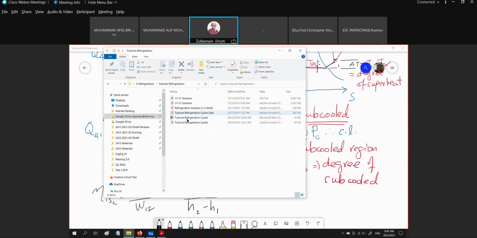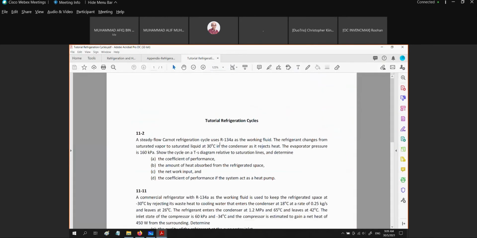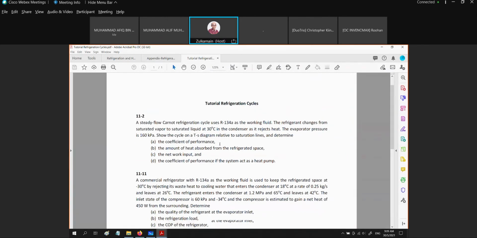Tutorial refrigeration. This one. Okay. So let us look at the first example, level 1. Let me copy that for you all.